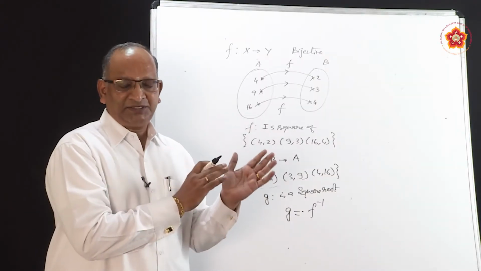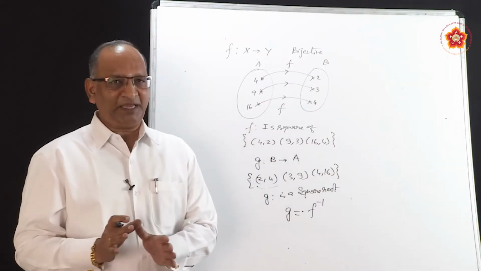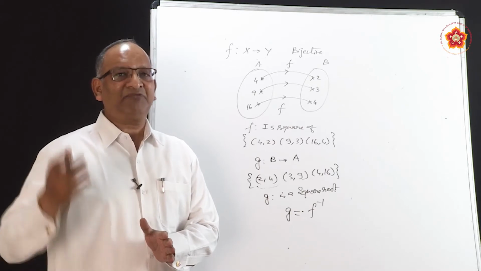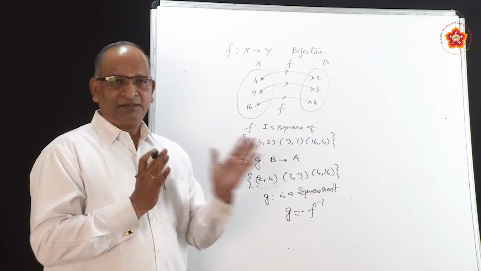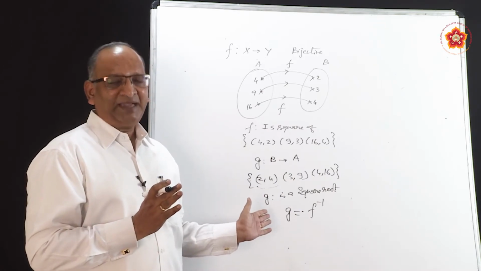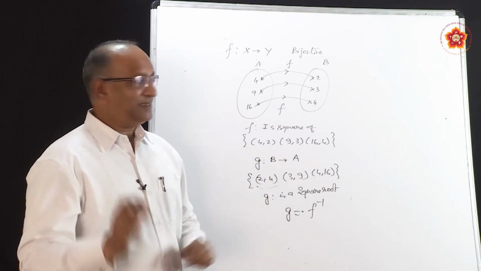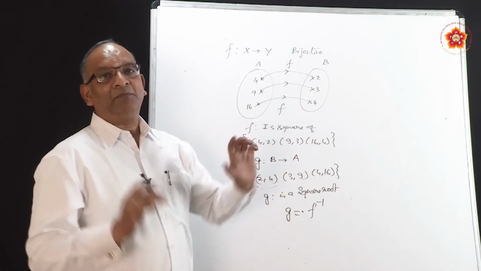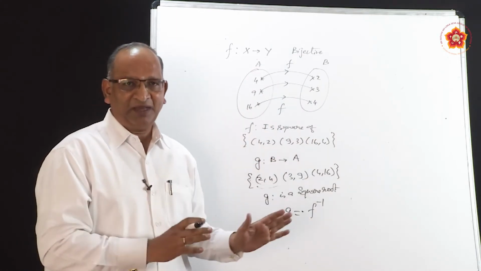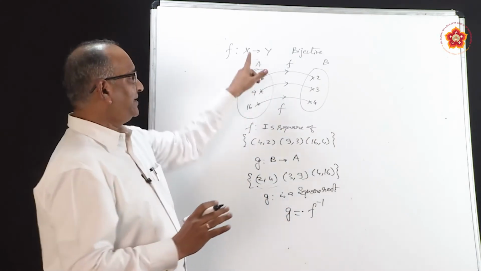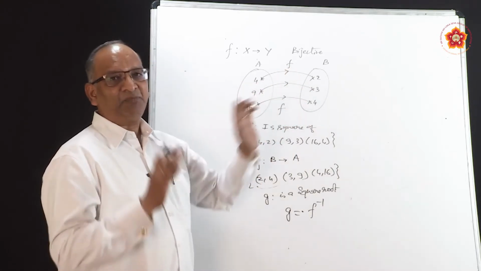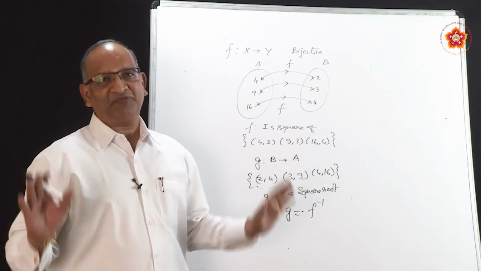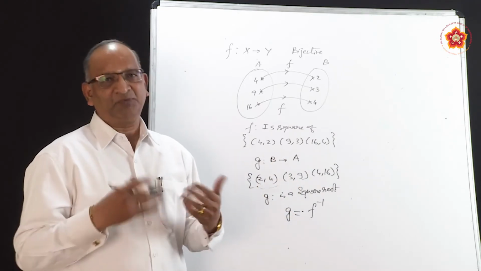If f is a function from A to B, f inverse is a function from B to A. And we can find the inverse only if the original function is bijective, that is, 1-1 and onto. Distinct elements have got distinct images, codomain and range are the same, then only we can find the inverse. Let us move further.